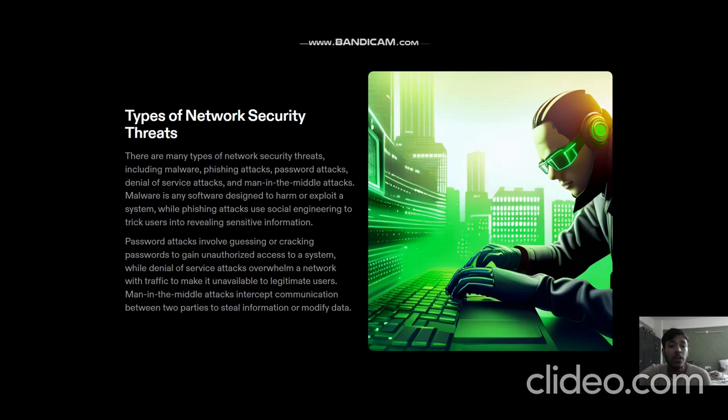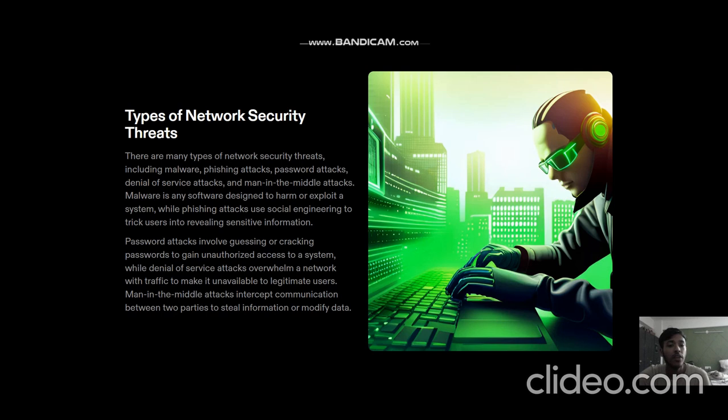What are the types of network security threats? There are many types of network security threats, including malware, phishing attacks, password attacks, denial of service attacks, also called DOS attacks, and man-in-the-middle attacks or MITM attacks. Malware is any software designed to harm or exploit a system, while phishing attacks use social engineering to trick users into revealing sensitive information.